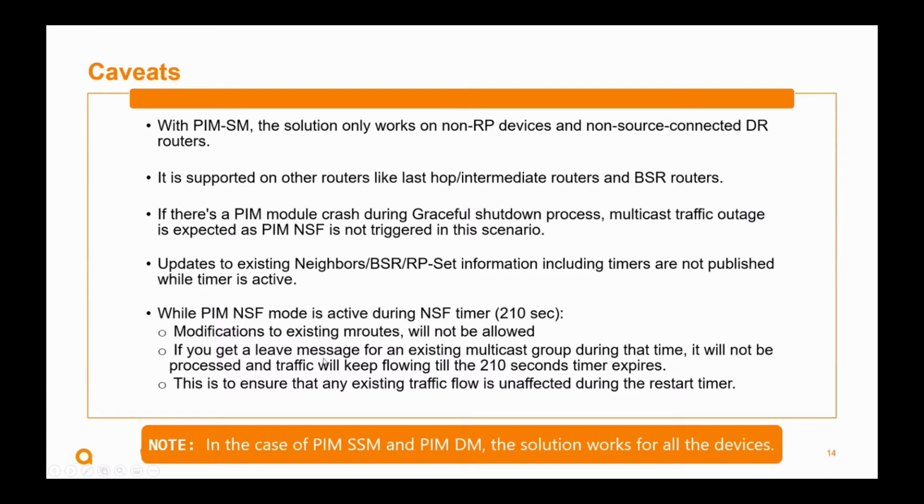And if you get leave messages, because with IGMP, for example, when a host leaves the multicast group, it sends a leave message, it will not be processed and traffic will continue to flow. This is to ensure that any existing traffic flow is unaffected during the restart timer.